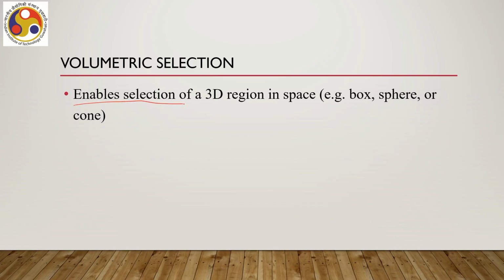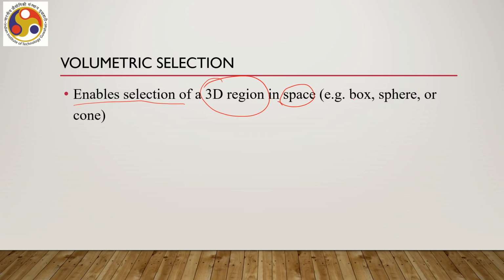Similarly, the idea can be extended for a volumetric selection, where it enables the user to select a 3D region in space, that is the virtual space, and corresponding objects within that space get selected.